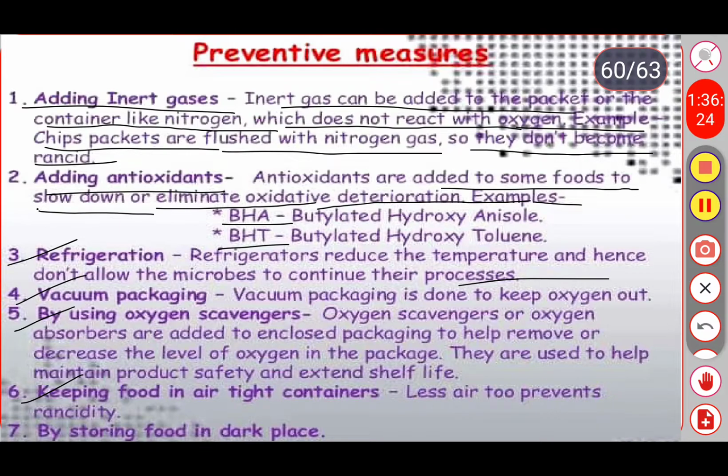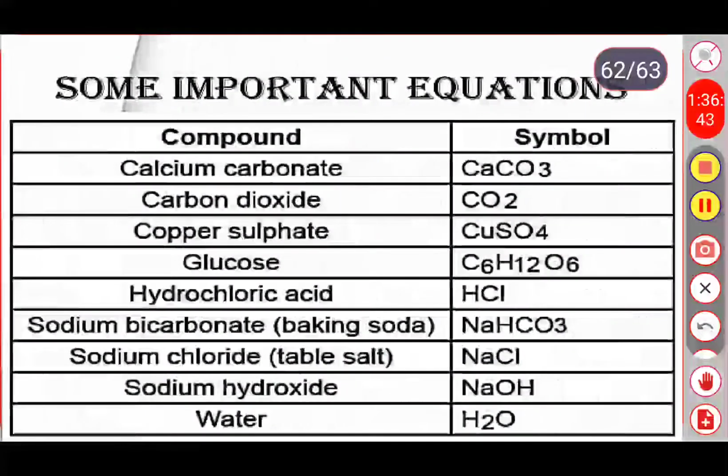Okay, at the end of this chapter we have some important compounds we need to understand. First one, calcium carbonate. The symbolic form of calcium carbonate is CaCO3. Next one, carbon dioxide.